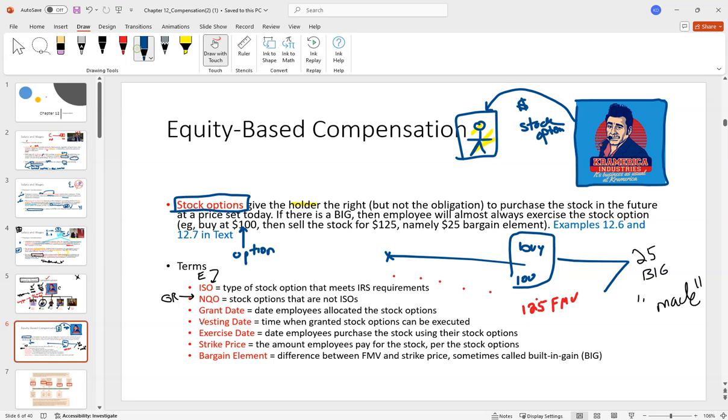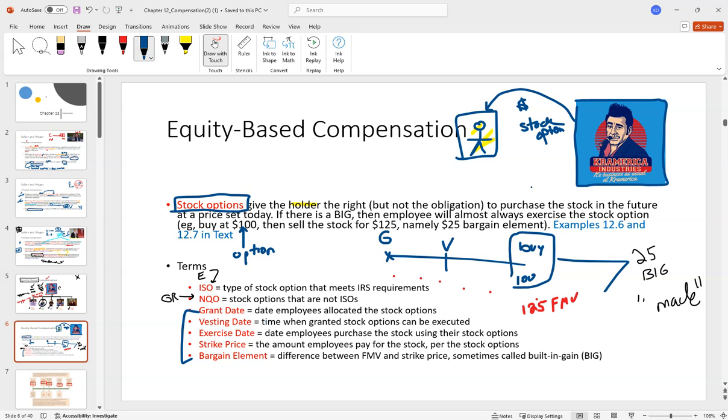In this framework, for really all types of stock, there are a lot of important dates. We have the grant date, when the employee is allocated the stock options. So the grant date is going to be up front. We have the vesting date, which says here is where this option we give you actually vests and you have the right, the ownership, the property right in this, such that you can take us up on it.